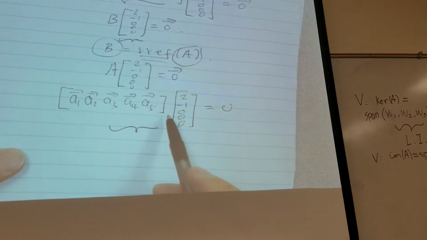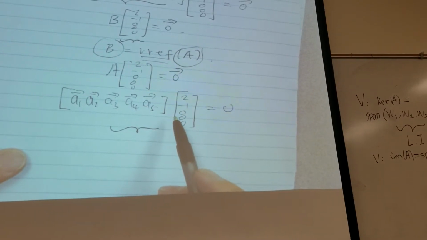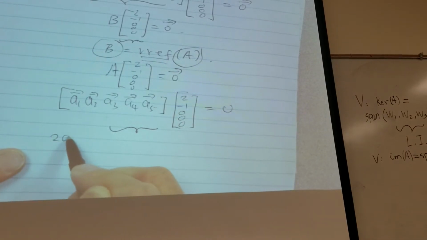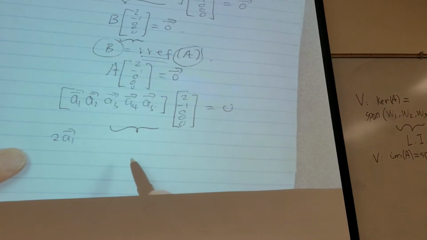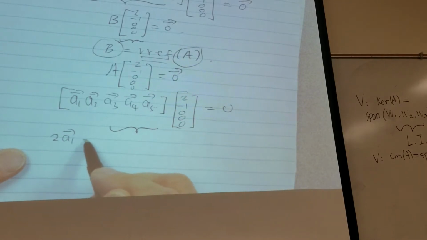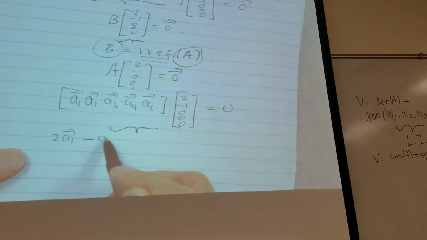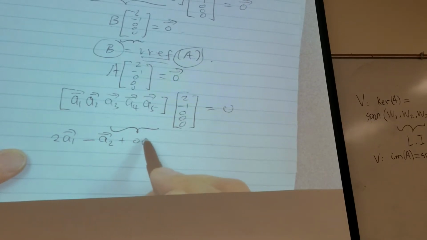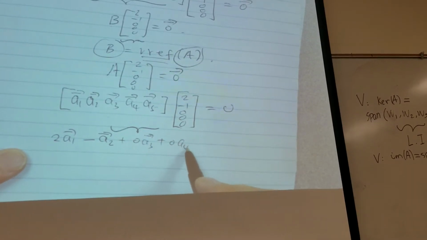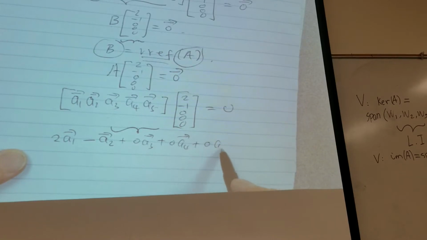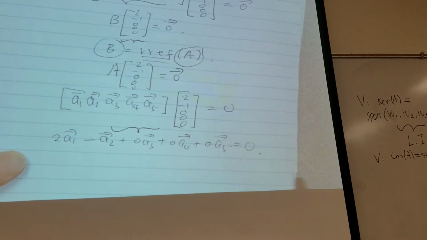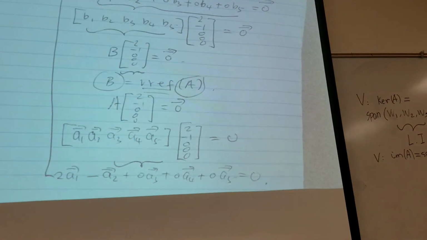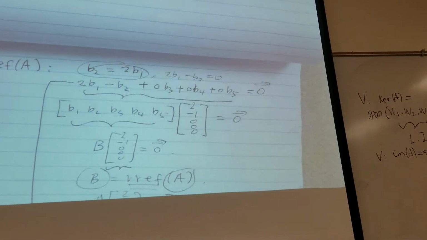How do you do it? Linear combination, right? We use 2 times A1, and minus 1 times A2, and then the 3 zeros. 0A3, 0A4, and then 0A5 equals 0. But this is the same as the one we had before for the B's. You see?